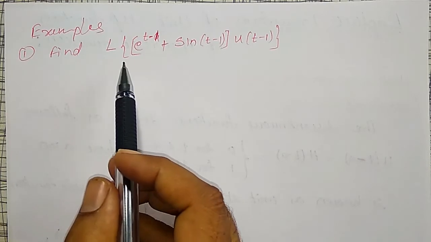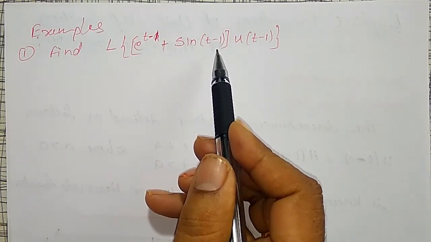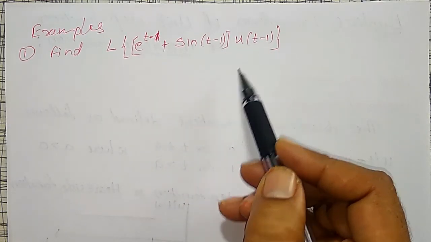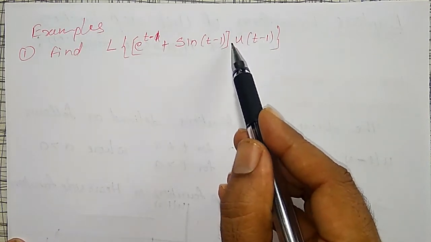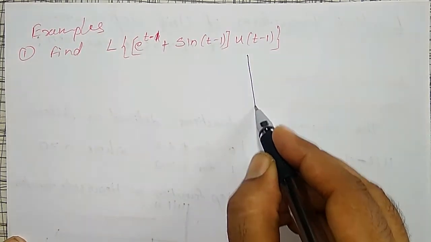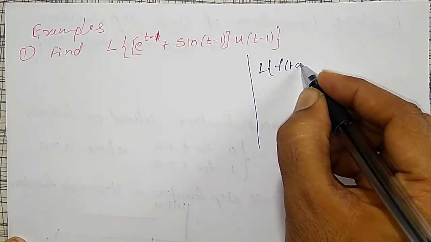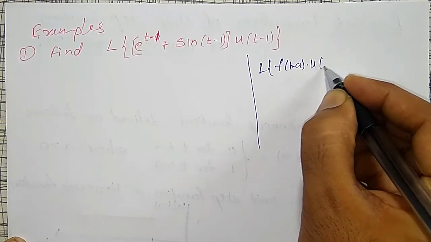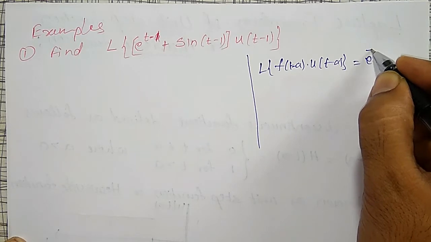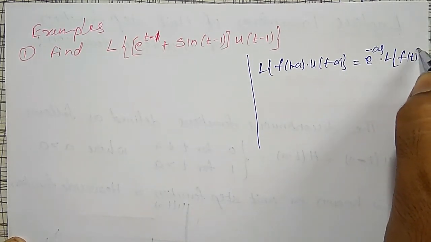Just find the Laplace transform of e to the power t minus 1 plus sine of t minus 1, into bracket u of t minus 1. This is a unit step function multiplied with this one. Let me give the formula. Laplace transform of f of t minus a into u of t minus a is e to the power minus as into Laplace transform of f of t.